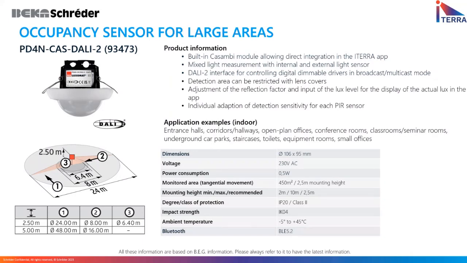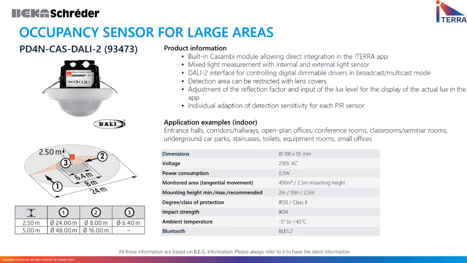So its corridor functions, its PIR functions, its lux levels, all of those physical inputs can be used to trigger your luminaires in a specific scene, whether it has to do with occupancy, timing, or different lux levels in your manufacturing environment.